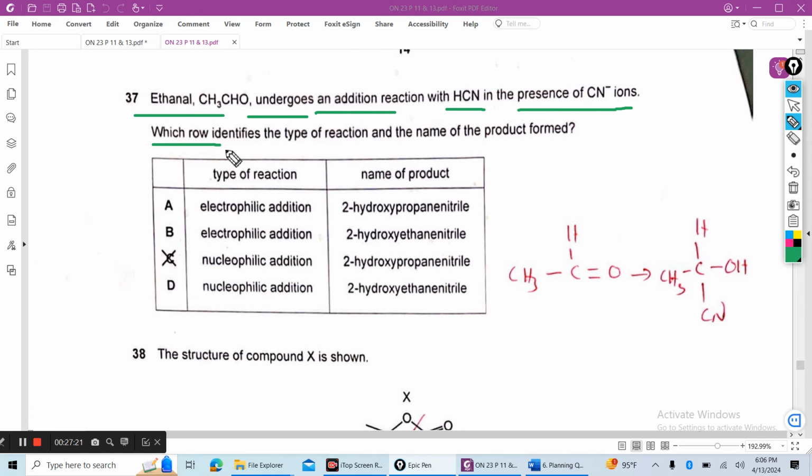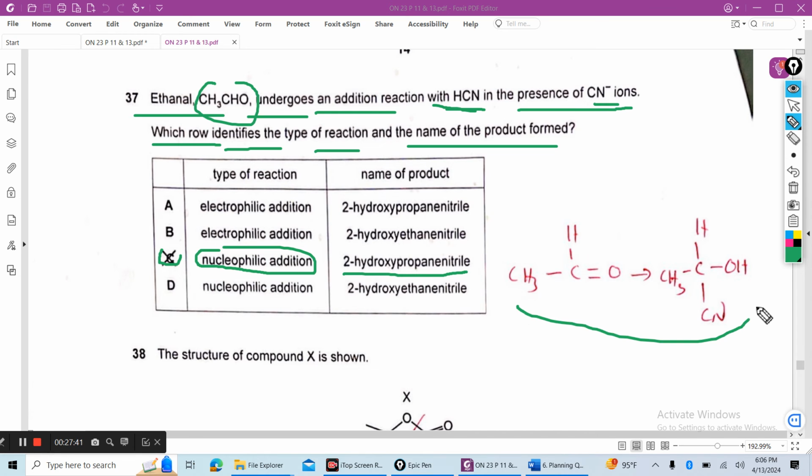Which row identifies the type of reaction and the name of the product? When an aldehyde or ketone reacts with hydrogen cyanide in the presence of potassium cyanide, the reaction type is nucleophilic addition reaction. So C is the correct answer. And the product will be 2-hydroxypropanenitrile.